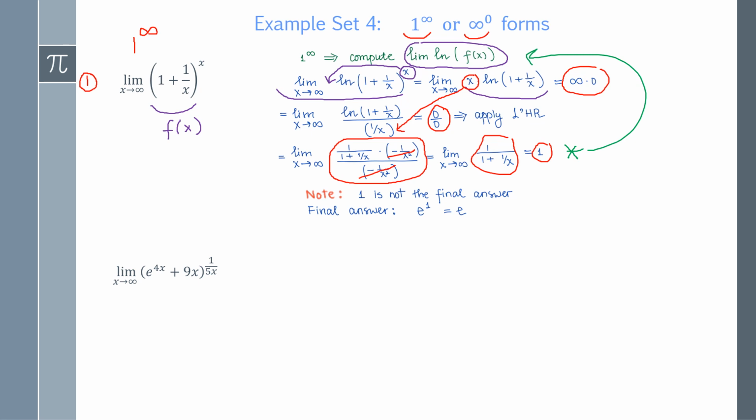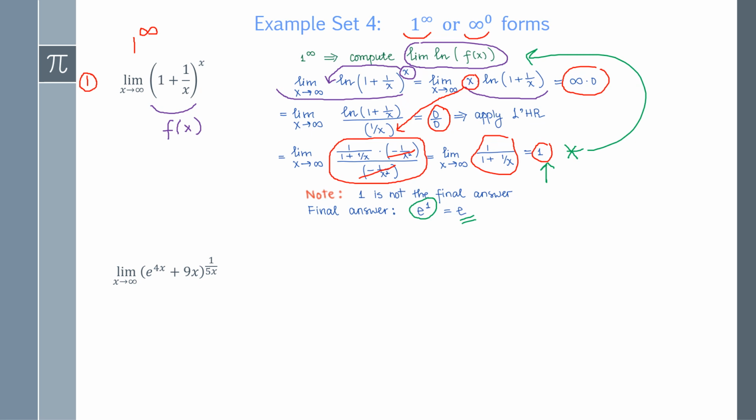The final answer would be e raised to this number, e raised to the first power, which is just e. Why is that? Because if we took the natural log of our function at the start, to undo that, we need to take e to that power, right? So exponentiation is the inverse operation of taking natural log.